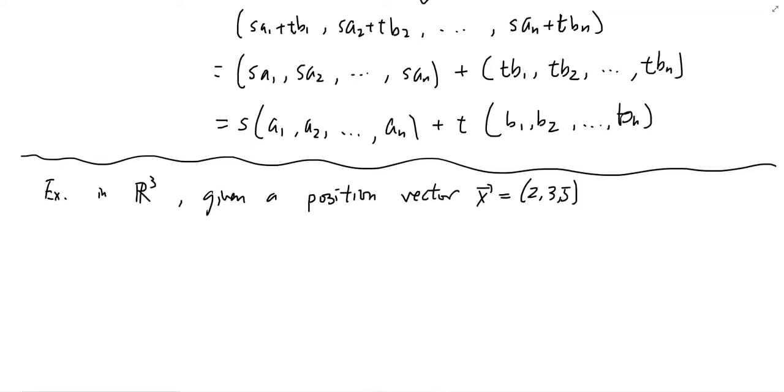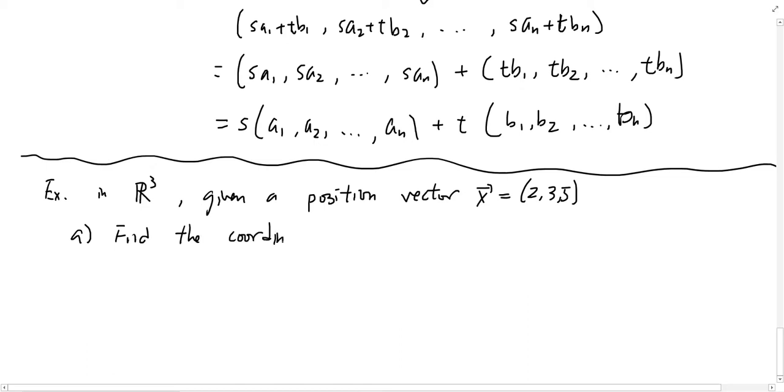So suppose I have this vector right here, which is 2, 3, 5. Let's say I want you to find the coordinate vector of vector x with the standard basis.